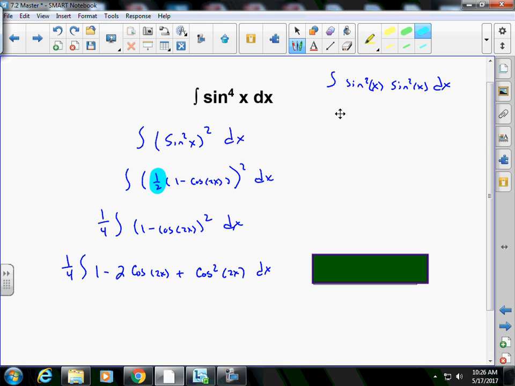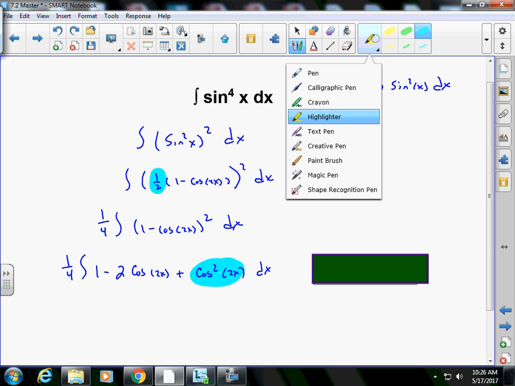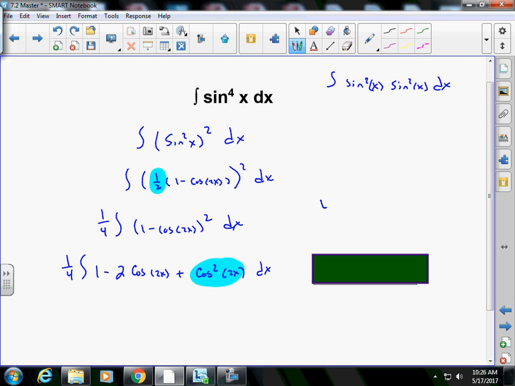I need to figure out how to handle this part. Well, we know that cosine squared of alpha is equal to 1/2 times (1 plus cosine 2 alpha).